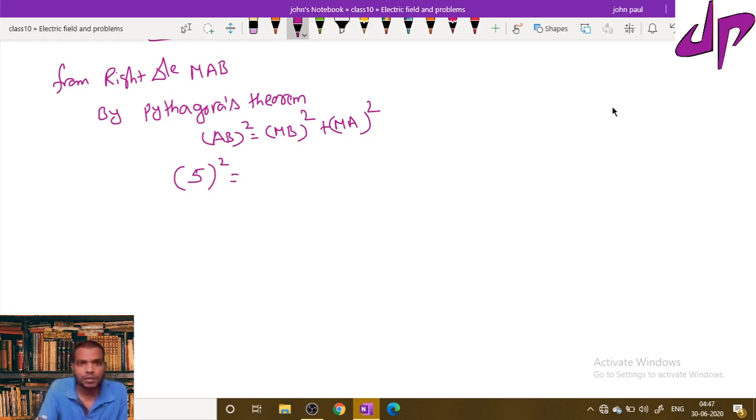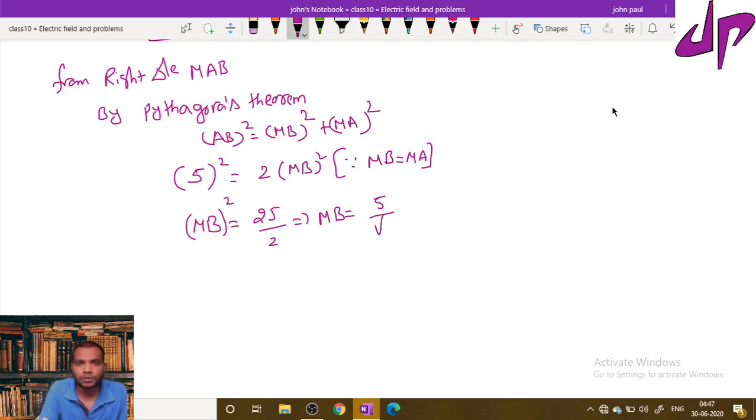Since MB equals MA, you can write 2 times MB squared. So 25 equals 2 MB squared, and from that MB equals 5 by root 2.